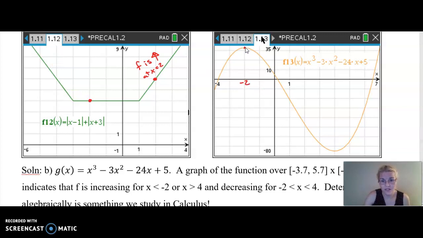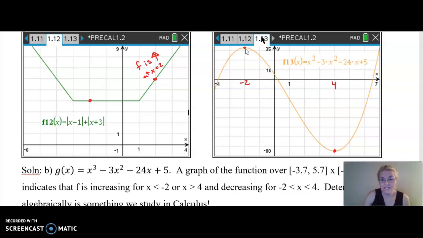So f is increasing for anything less than -2. And then here's a local minimum, 1, 2, 3, 4. And f is increasing for all x greater than 4. Between -2 and 4, f is decreasing.